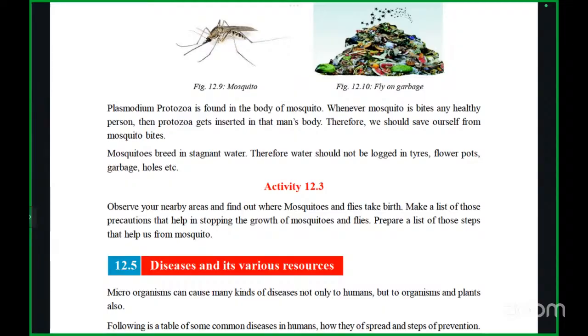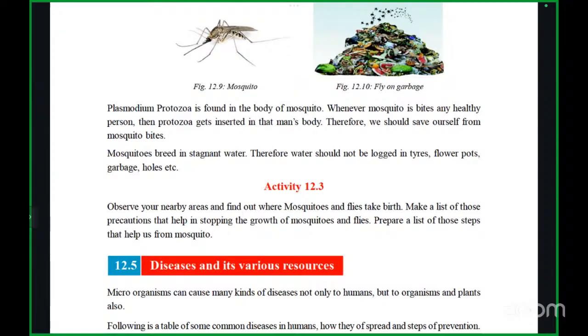But I don't think that is very harmful unless it's these two types of mosquitoes, the dengue and malaria mosquitoes. You must have seen that a small bump forms on our skin from a mosquito bite, but that heals on its own after some time.